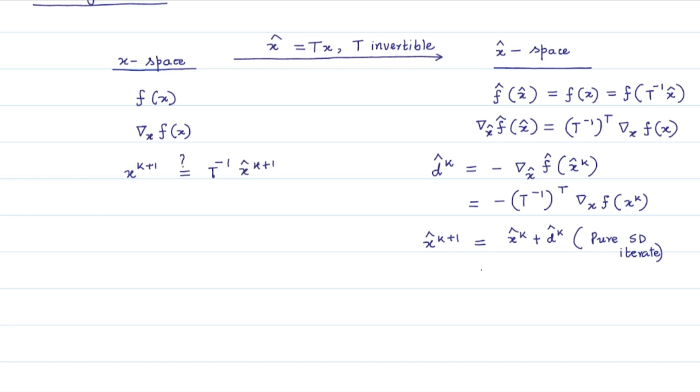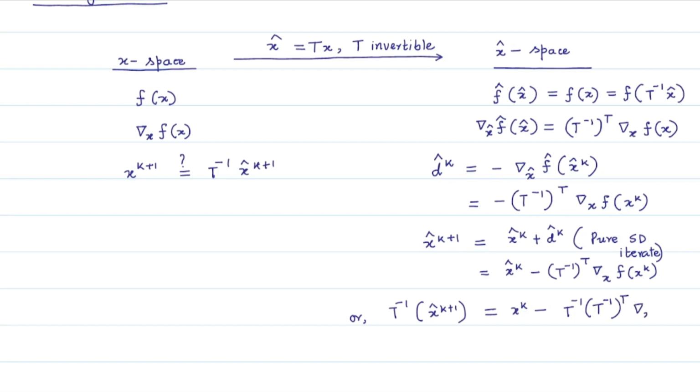Notice that here this xk plus 1 hat is given by xk hat minus T inverse transpose gradient of f at xk. Now we apply T inverse on both sides and we get T inverse of xk hat is xk, then we have here T inverse times T inverse transpose gradient of f at xk.